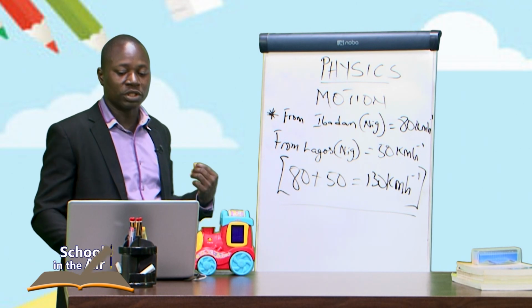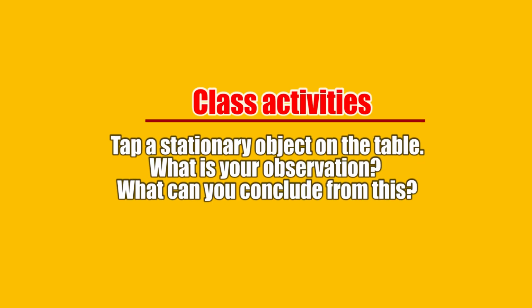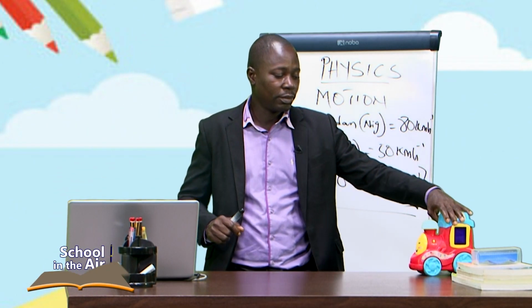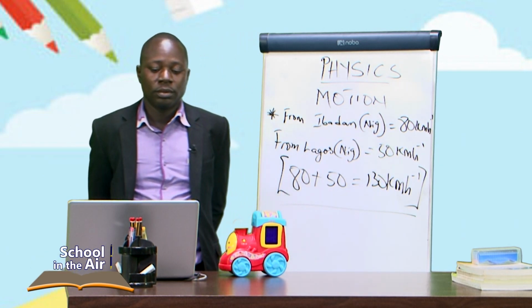Relative motion. I want you to look at these class activities. Let's do it together. I want you to look at your table and tap any object that is there. Any object on your table, please tap it. Let me see. What did you observe?